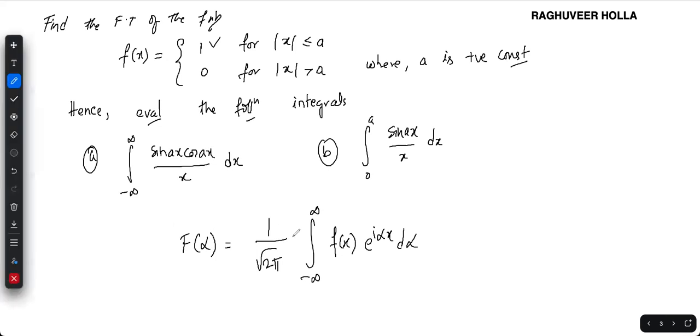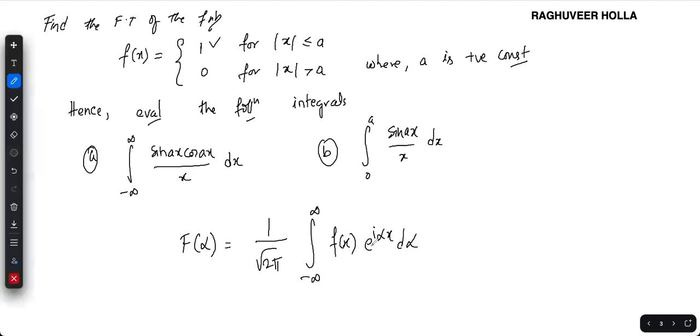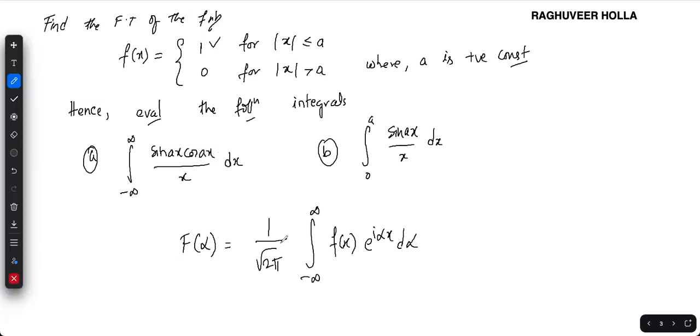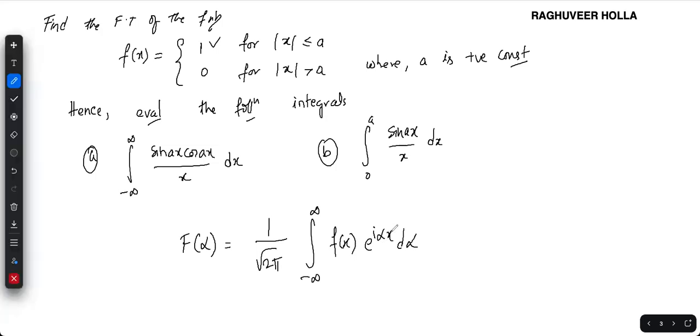Let us try to solve that using the Fourier transform. First, f of alpha is 1 by square root of 2 pi integral minus infinity to infinity f of x e to the power of i alpha x.